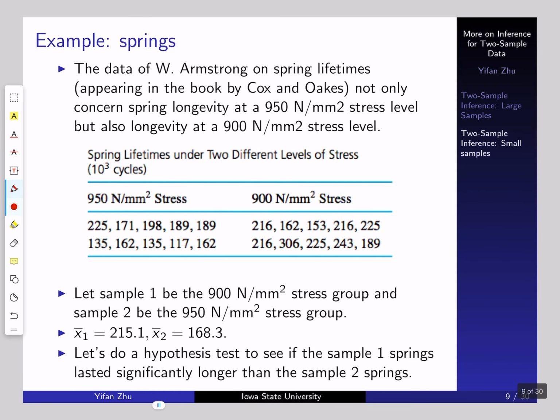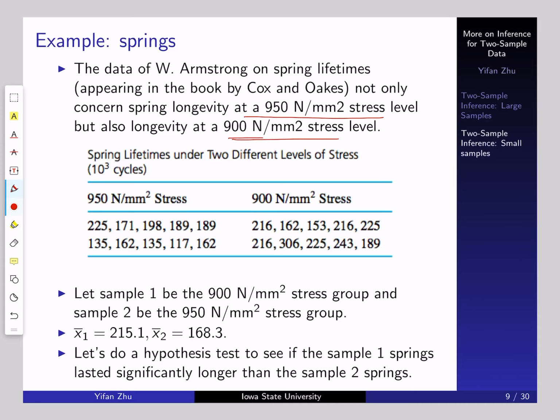So let's do an example. We want to compare the spring lifetimes of a kind of spring at two different stress levels. So there are two different stress levels in this experiment. One is 950 and another is 900.